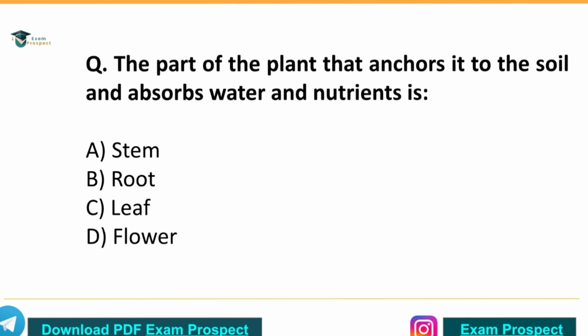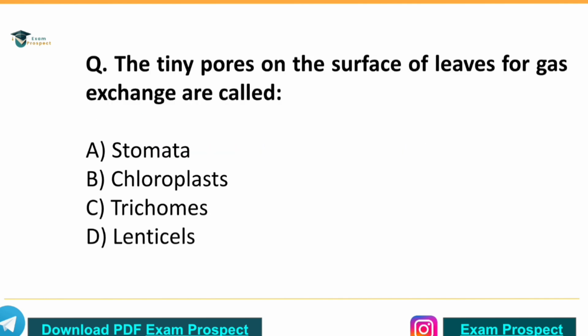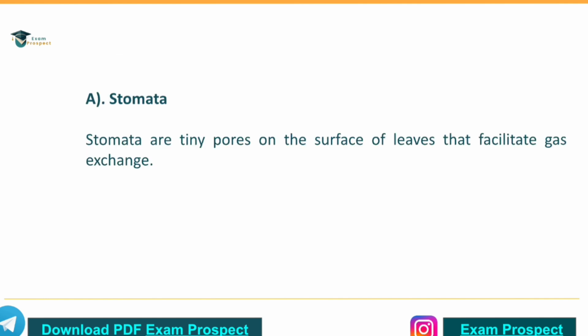Next question, the part of the plant that anchors it to the soil and absorbs water and nutrients is. Correct answer is option B, root. Next question, the tiny pores on the surface of leaves for gas exchange are called. Correct answer is option A, stomata.